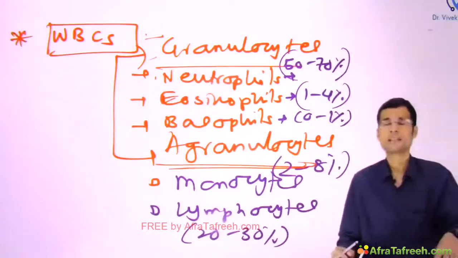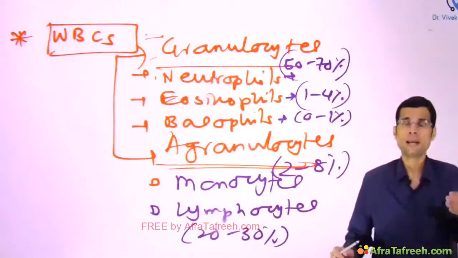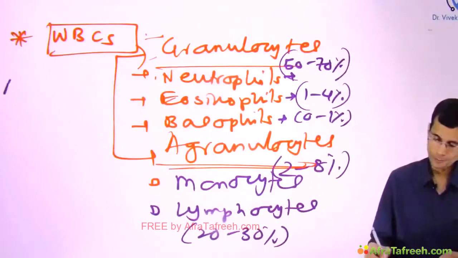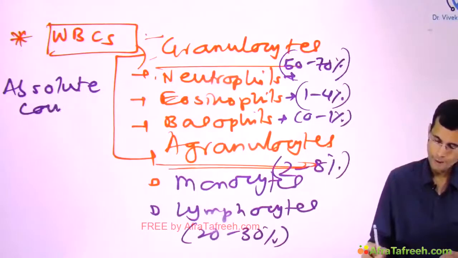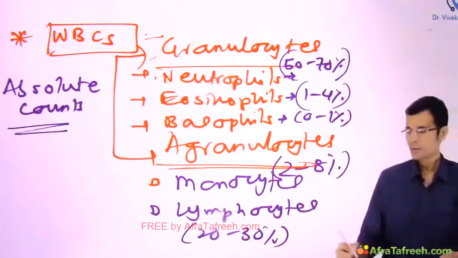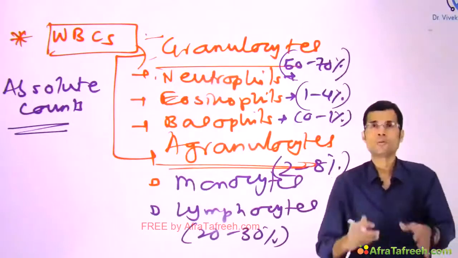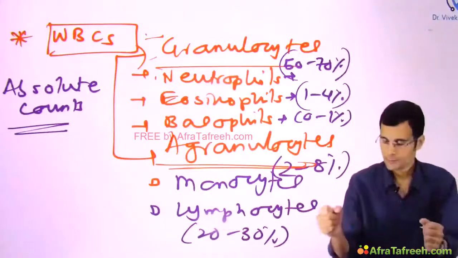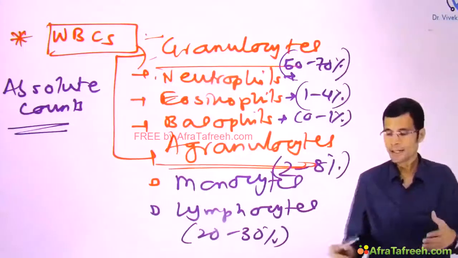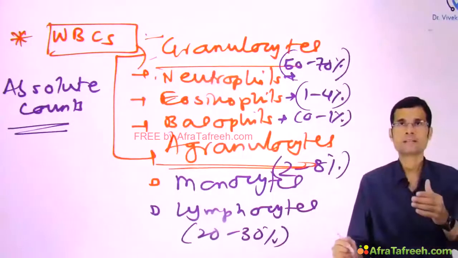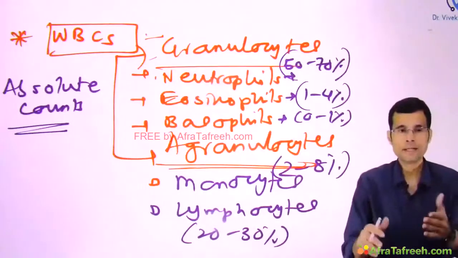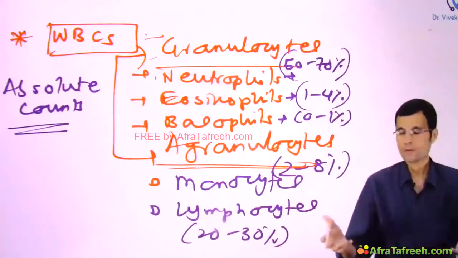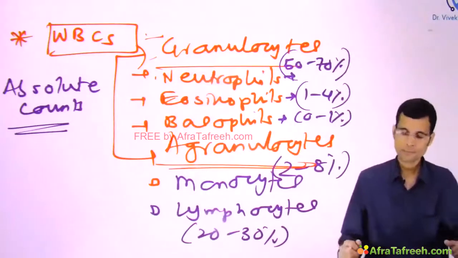Apart from this, there is something called absolute counts of these cells. You see, we count 100 WBCs, and if one cell is increased, then there would be a decrease in the other counts, because we are counting only 100 WBCs.